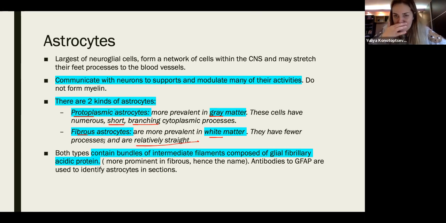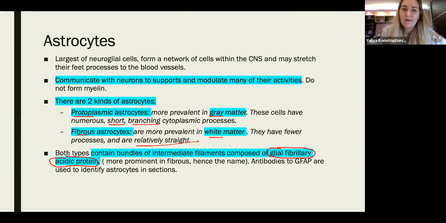Why is the fibrous astrocyte called fibrous? Because it contains this intermediate filament, which is called glial fibrillary acidic protein, GFAP. It is an intermediate filament type 3. I don't know if you remember, in Histo 1, we learned that there are 5 classes of intermediate filaments.